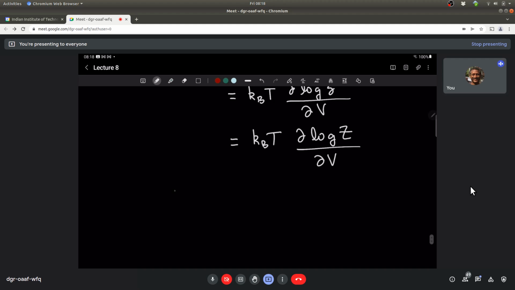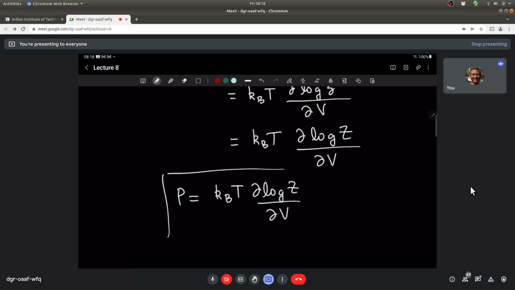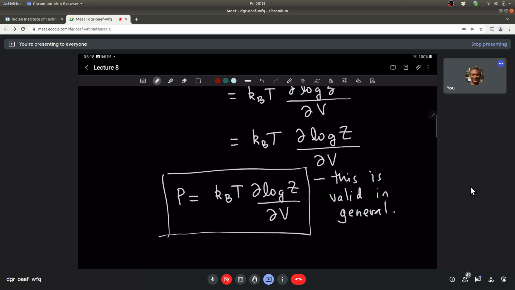So we get a formula which says that pressure equals kBT d log Z by dV. This is a general statement, and this is a formula worth remembering. I'll pause here for questions.